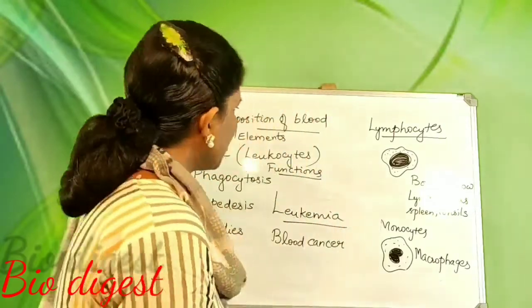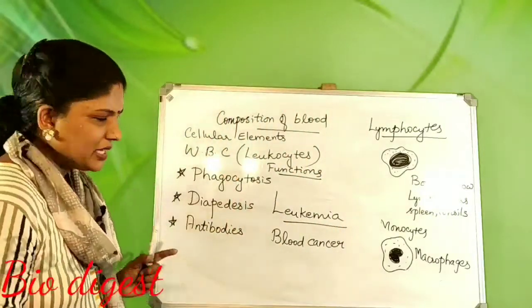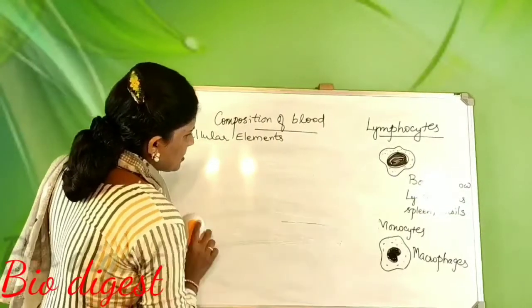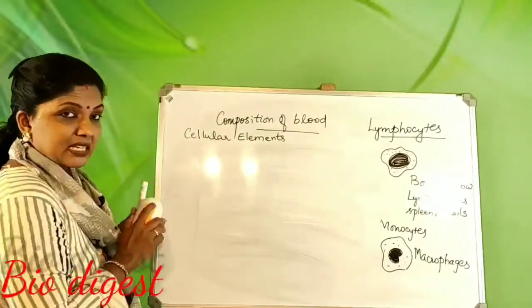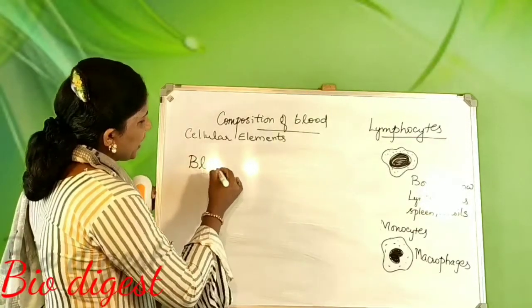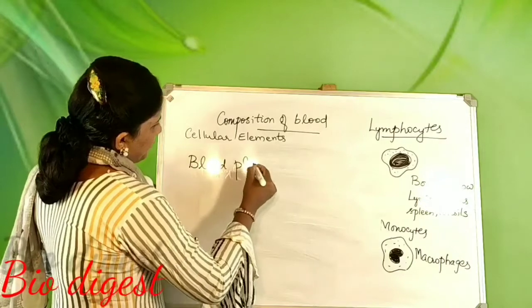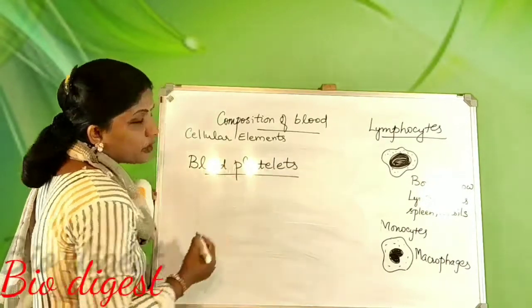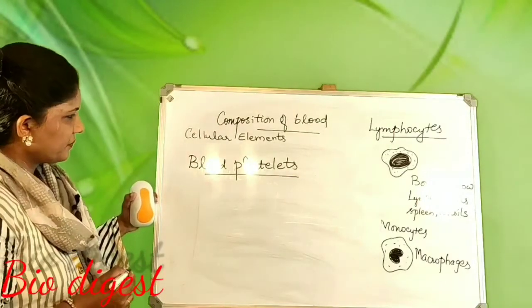Now coming to the third cellular element of the blood, that is blood platelets. Blood platelets are otherwise called as initiators of blood clotting. They are actually responsible for the clotting of the blood.